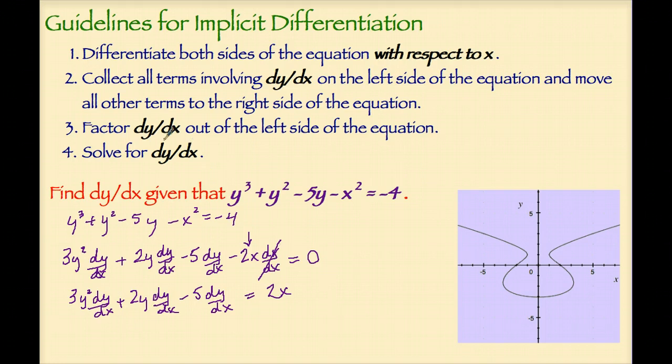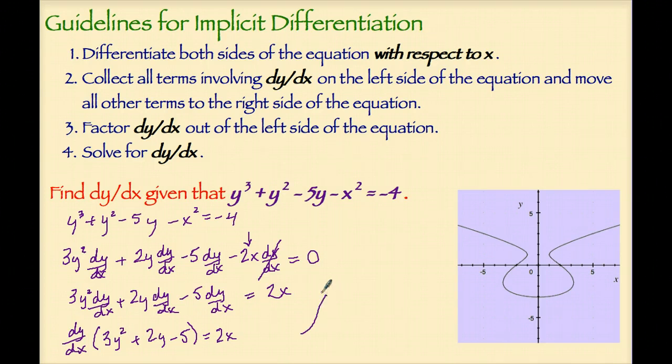Step 3 says factor dy dx out of the left side of the equation. Since all of these terms have a dy dx in them, we can factor that out, and that leaves 3y squared plus 2y minus 5, and of course on the right side, 2x.